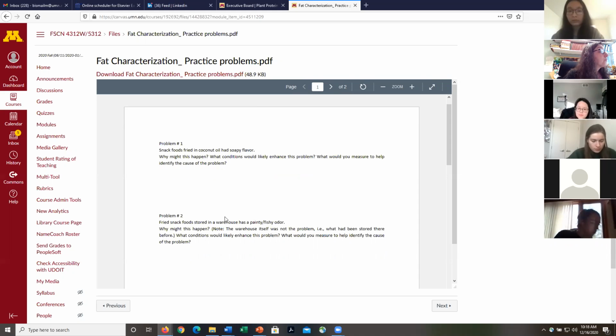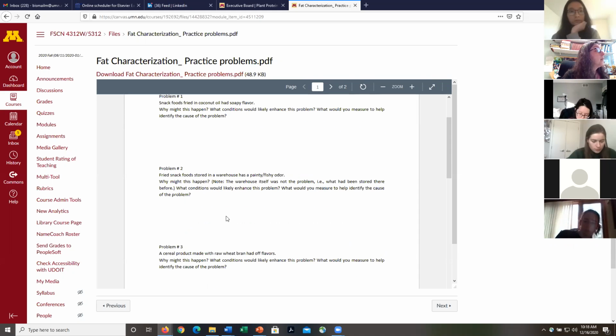Okay, so let's look at another one. A fried snack food is stored in a warehouse, and you go in and you have an odor, a painty, fishy odor. Why do you think? What could have happened here? Most likely during storage, secondary oxidation has taken place. Oxidation, lipid oxidation, yes, for sure.